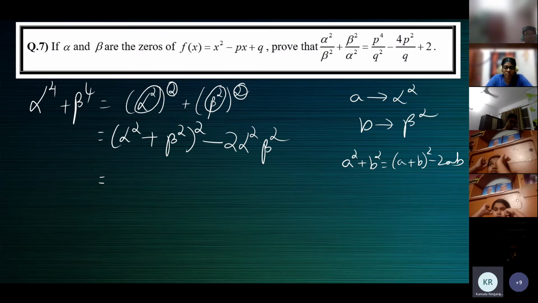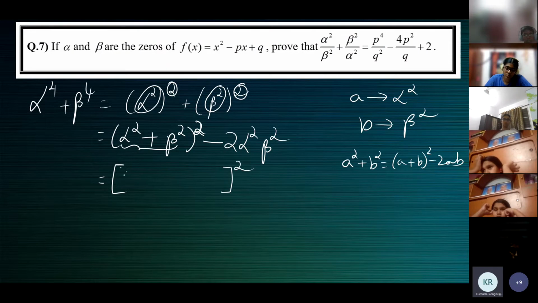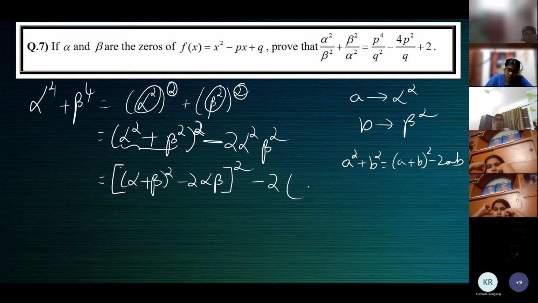I told you this whole square which is here, use a square bracket and show the square. Now what is in the bracket? Alpha square plus beta square is alpha plus beta the whole square minus 2 alpha beta, identity. Then minus 2 alpha square beta square is nothing but alpha beta the whole square.